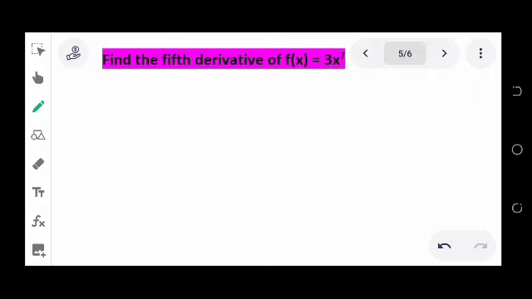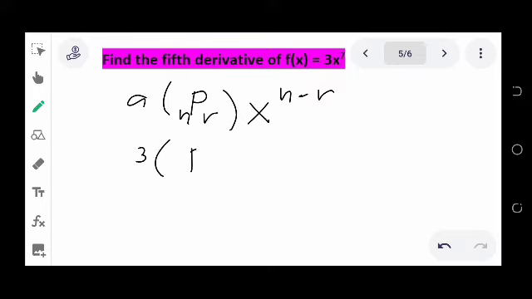Next example, you have the fifth derivative of 3x to the seventh. So again, the formula is a permutation of n taken r, x raised to the power of n minus r. Our a now is 3, so we will just have to write 3. Then this is permutation of 7 taken 5, then x, then n is 7 minus r is 5.